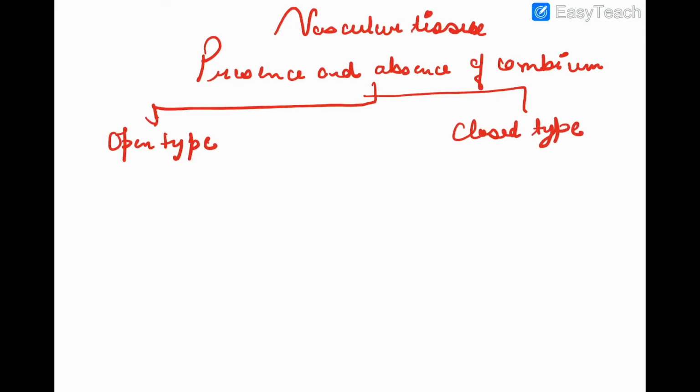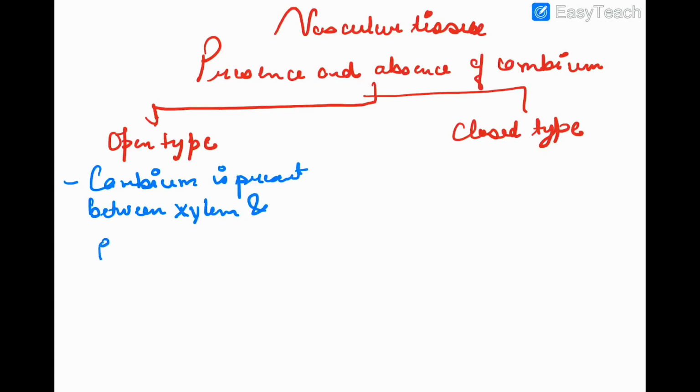In open type of vascular tissue, cambium is present between xylem and phloem. Whereas in closed type of vascular tissue, cambium is absent between xylem and phloem.